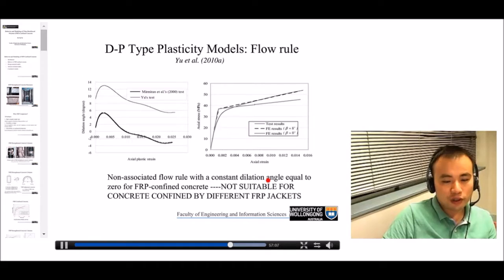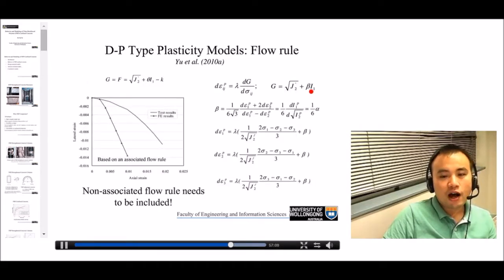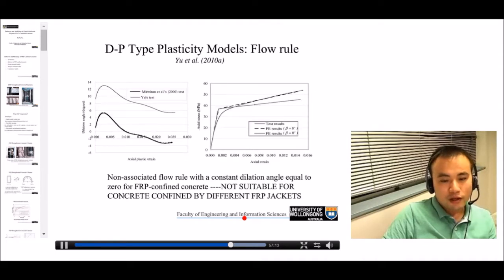Then for the non-associated flow rule, there's a question of how to define this beta. Some researchers propose to use a zero direction angle. They claim that if you use a direction angle which is equal to zero, which means beta equal to zero, it works.